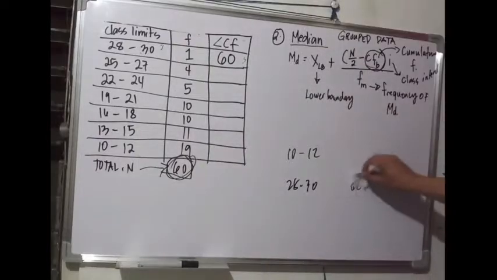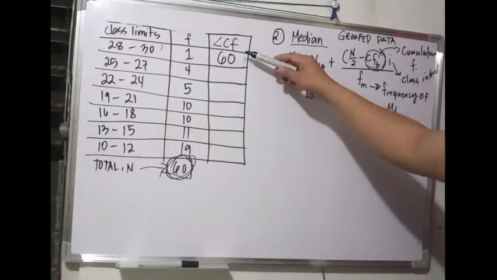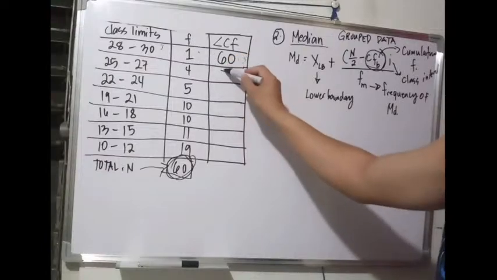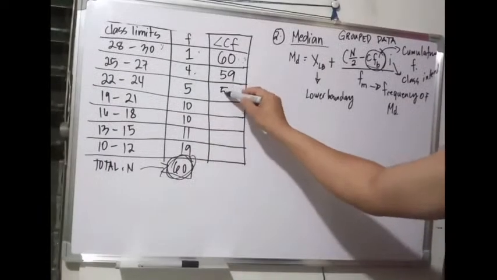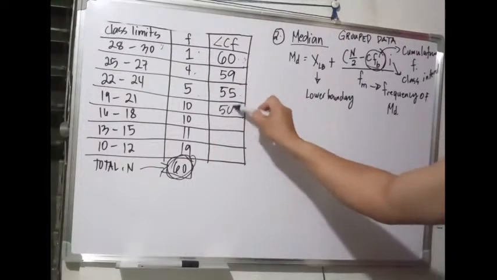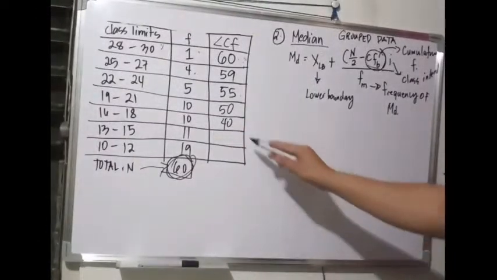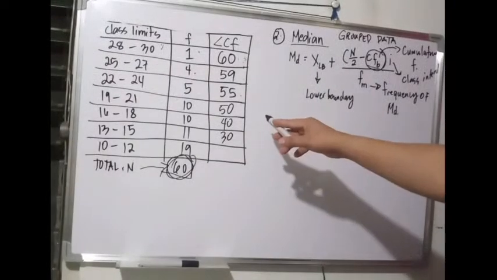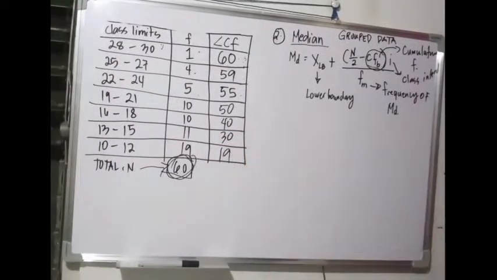Okay. Next, let's identify. So to find the cumulative frequency, 60 minus 1, that is 59. 59 minus 4, that is 55. 55 minus 5, that is 50. Then 50 minus 10, that is 40. Then 40 minus 10, that is 30. And 30 minus 11, that is 19.